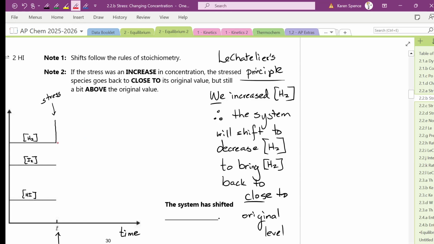So what that means is that if this is my original concentration, the H2 is going to now decrease in the whole steep, shallow, flat manner. Steep, shallow, flat. And it gets close to its original level, but not quite.